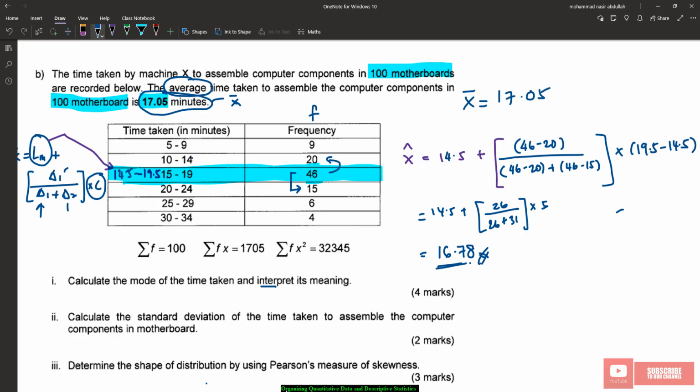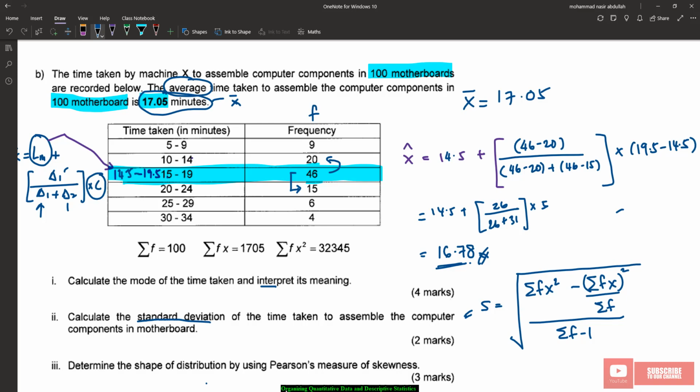Alright. Now, for the next question, calculate the standard deviation of the time taken to assemble the computer components. So the formula for standard deviation is the square root of summation of f(x) squared minus summation of f(x) squared divided by summation of f, and everything divided by summation of f minus 1.